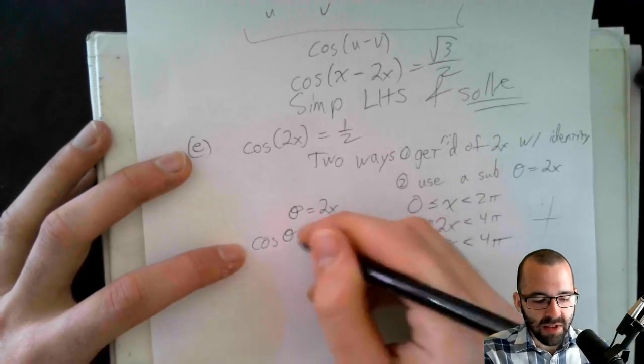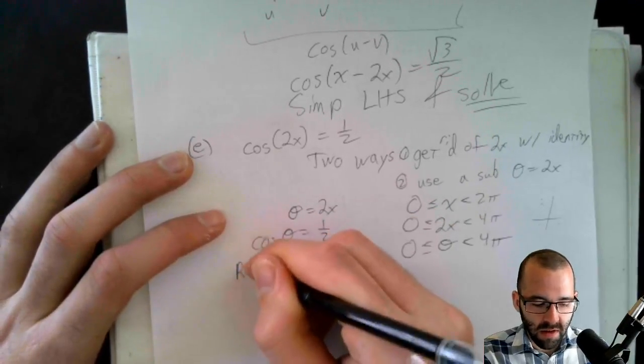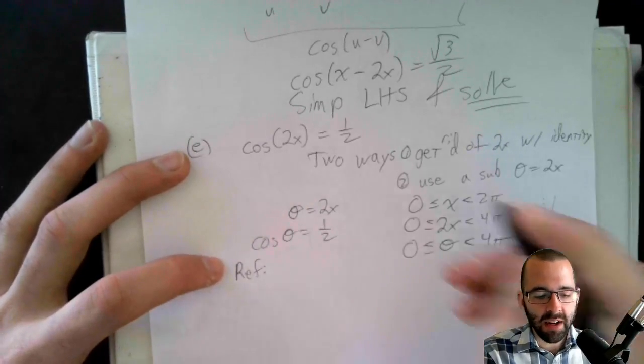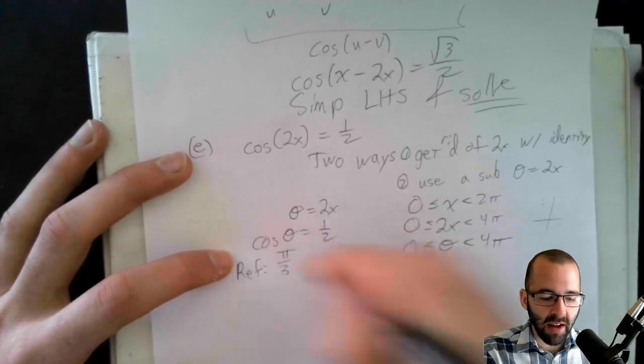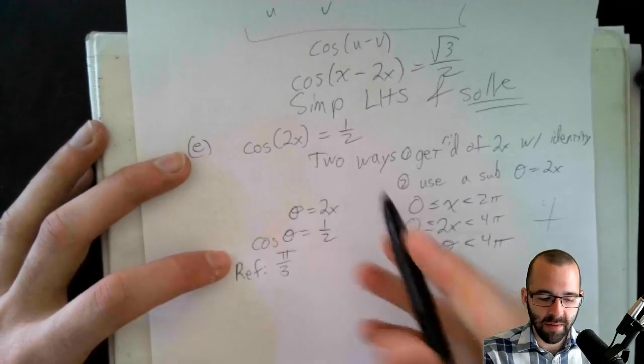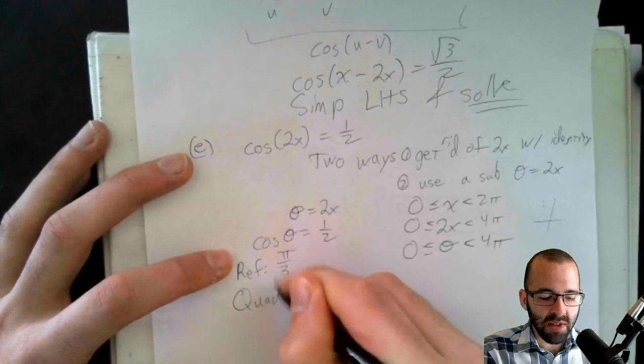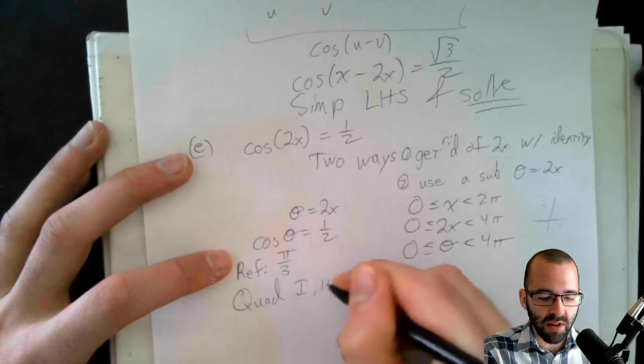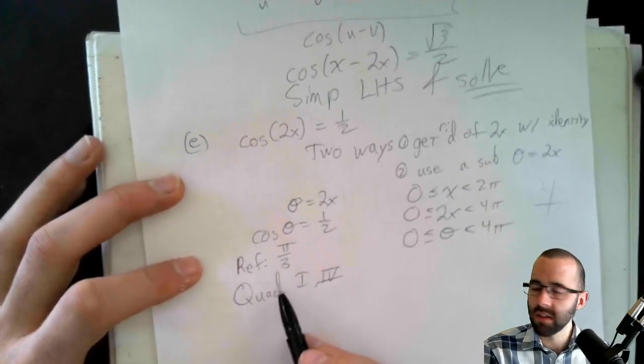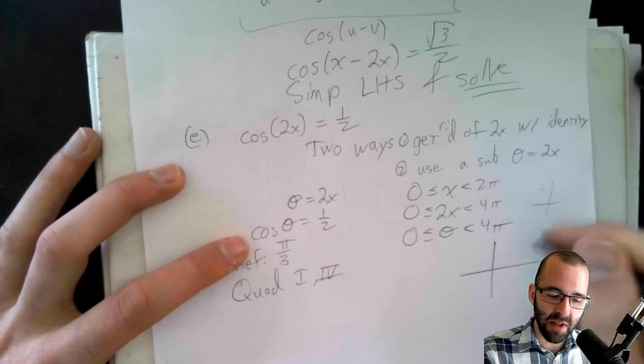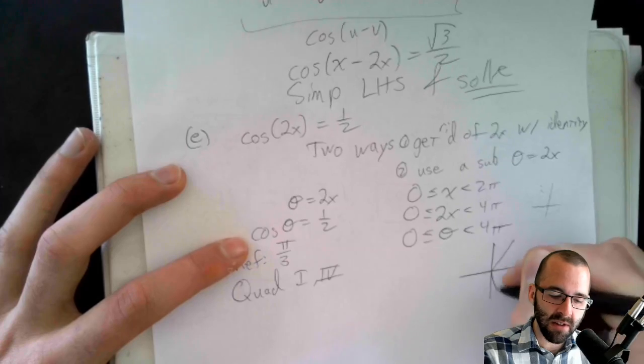So when is cosine equal to 1/2? Well, you can use your triangles to say that it's going to be when theta is pi over 3. And we know it's going to happen in the first and the fourth quadrant because that's when cosine's positive. So we have this situation, pi over 3, 60 degrees in the first and fourth quadrant.